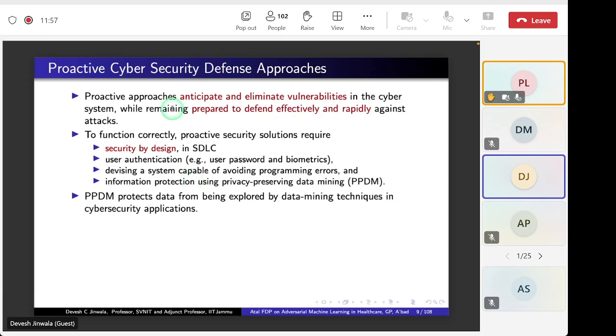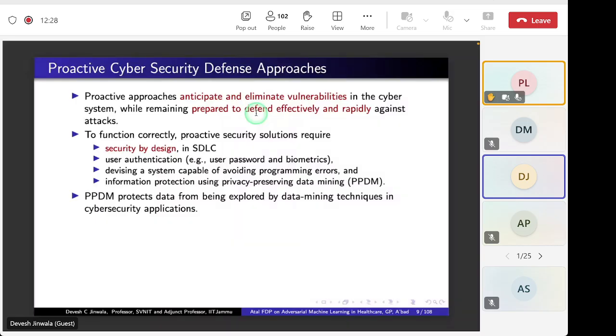So that's where the marriage of machine learning and security takes place, and adversarial machine learning comes afterwards, because currently what is being advocated in research is that to build security mechanisms, one should use a machine learning approach, because that would be the proactive approach which would anticipate and eliminate the weaknesses in the system while remaining prepared to defend against the new sort of attacks which can come up.